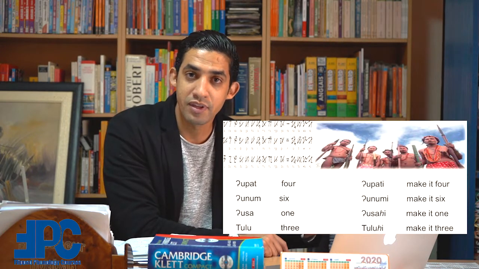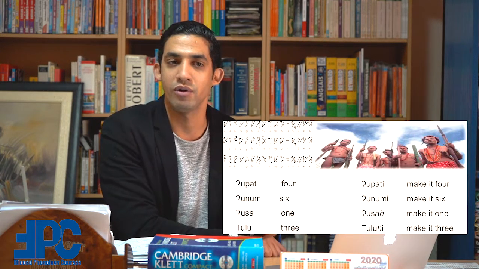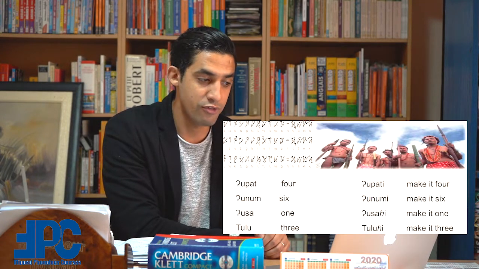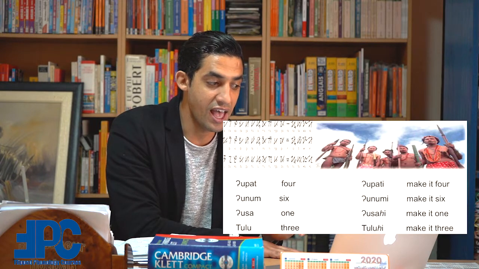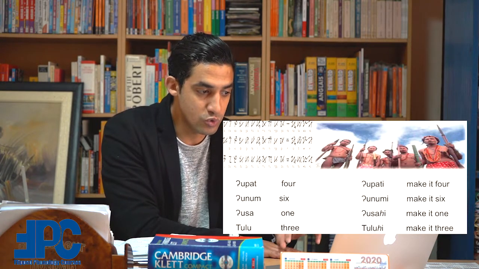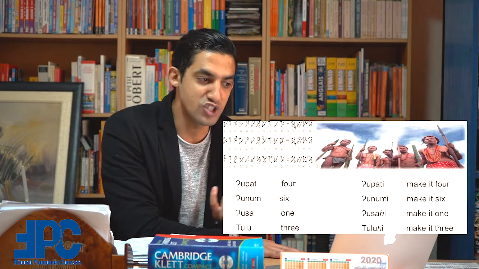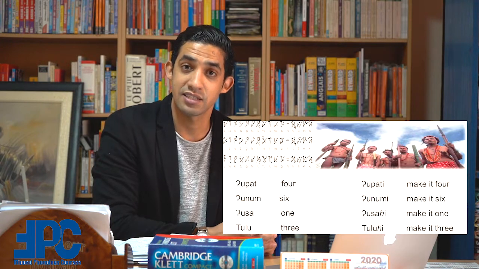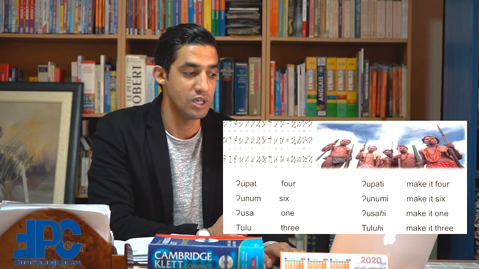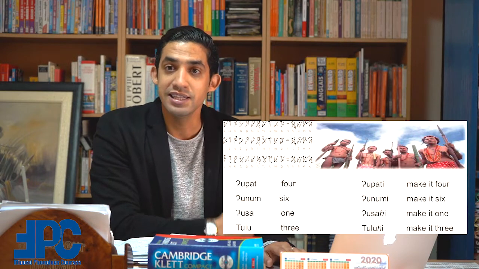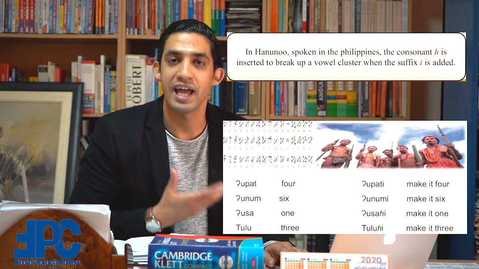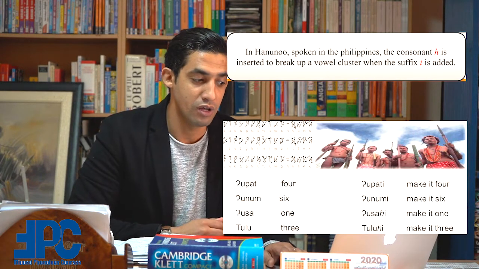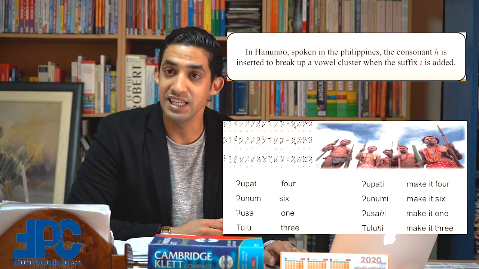Because the stem ends with a vowel, which is the case with usa 1 and tulu 3. So instead of saying usai or tului, the h sound is inserted to avoid exactly what we call the hiatus. So again, in Hanunu spoken in the Philippines, this language does not accept hiatus. So what happens? The consonant h is inserted to break up a vowel cluster when the suffix is added.